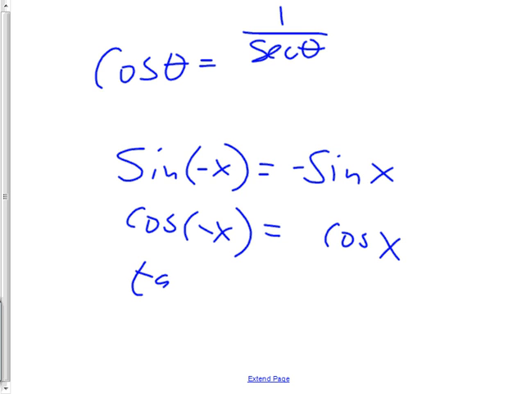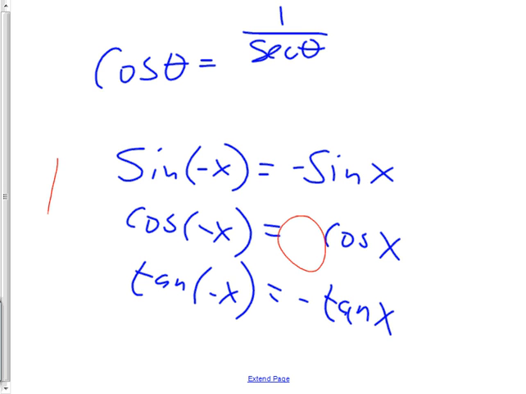Do you remember me telling you that all of these have a negative in them except the 1? So this is the one right here. This is the glaring empty spot where there is no negative there. And the reason is because cosine, if you make it a negative angle versus a positive angle, you actually get the same thing. You get normal cosine of x, whether you do it this way or this way.